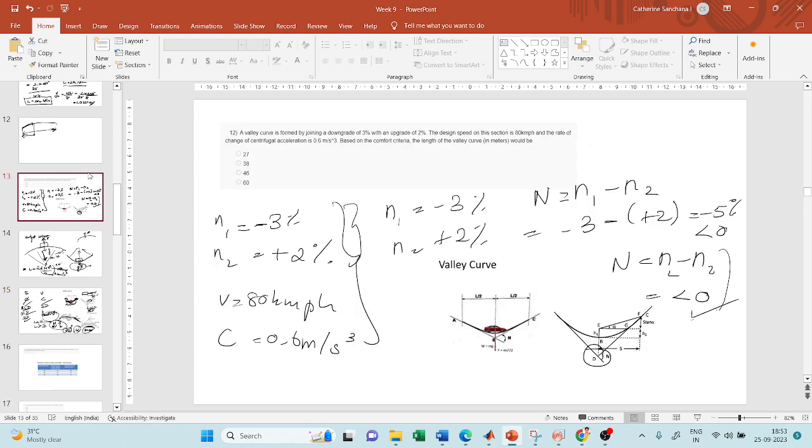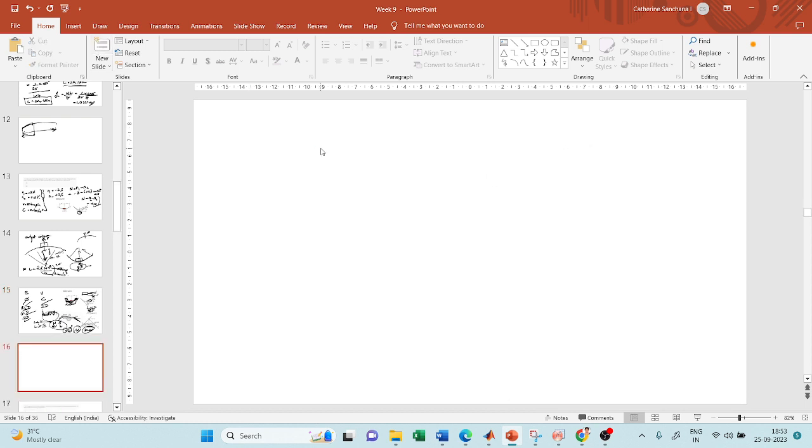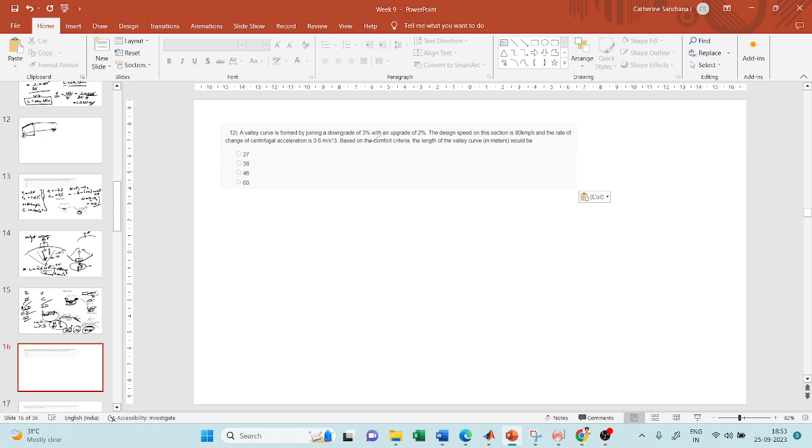But for the question that we have, we've been asked to find the length based only on the comfort criteria. So what did we see as the comfort criteria equation? L is equal to (2N V cubed by C) the whole power 1 by 2. So in this equation, is this an empirical equation, which means you have to substitute the values with the units that they have given?